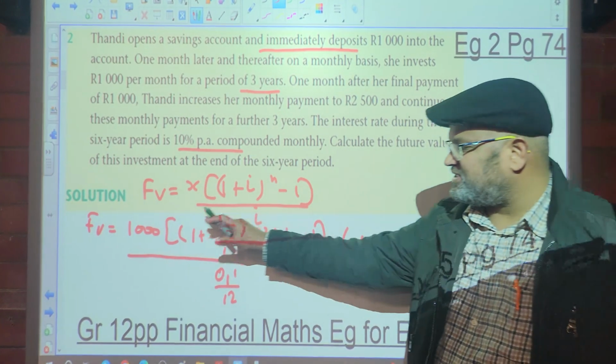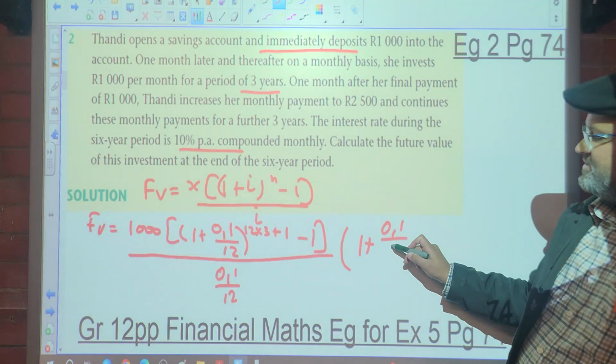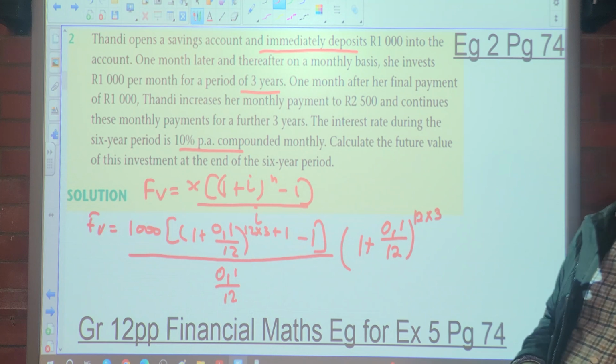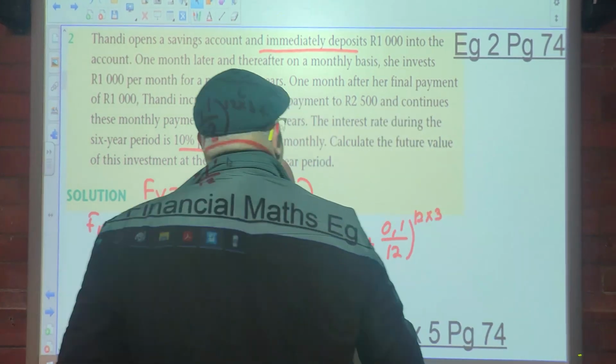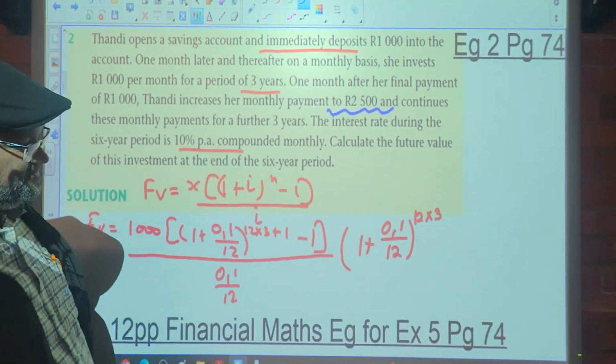Why? Because this money saved will gain interest. For how many years? 3 years. Can you see that, people? Then what happens? Then I must not take this into account here. So it will be plus.